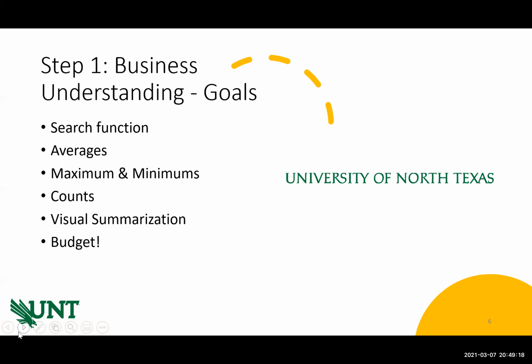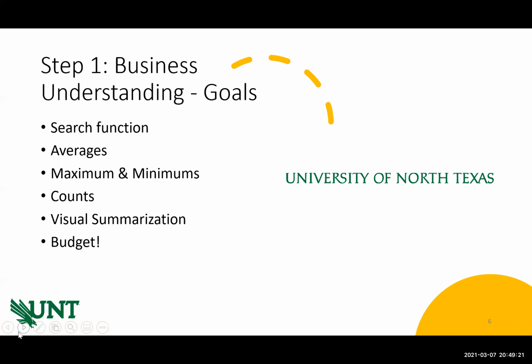And one thing that we need to keep in mind is we need transparency with how much we're budgeting for each unit and the departments within that unit. And so you'll see here the topics of using table name ranges, lookups, pivot tables are going to be used to support these goals for the business understanding.